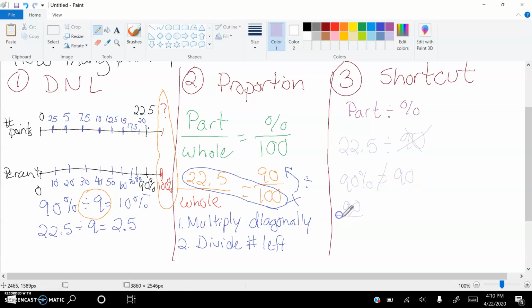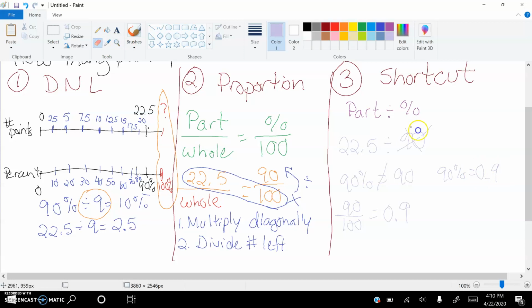90% really means 90 out of 100, because 100% is the full amount. If you get a perfect on something, you get 100%. So if we actually divide this, 90 divided by 100, we're going to get 0.9. So 90% is not equal to 90, but 90% is equal to 0.9.